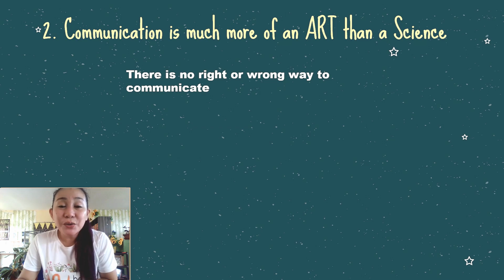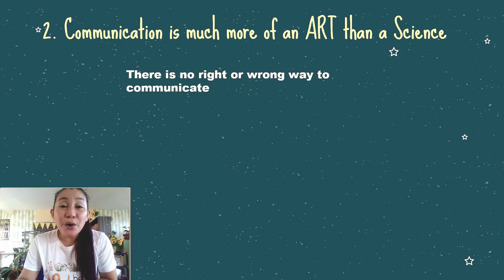How do we communicate to them? By means of crying. Meaning to say, when you are crying as a baby, you need something. It might mean that you are hungry. It might mean that you are not feeling well. And do you think the baby has to follow rules just to communicate? The answer would be no. Therefore, communication has no right or wrong way.